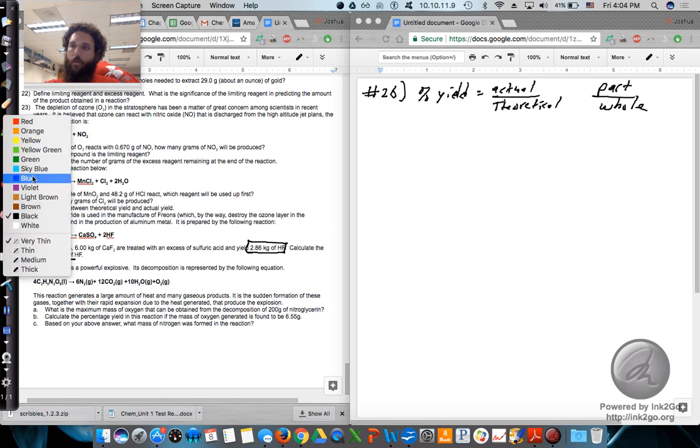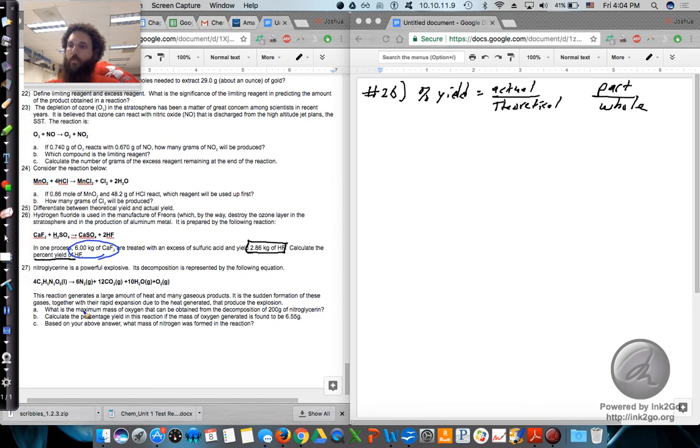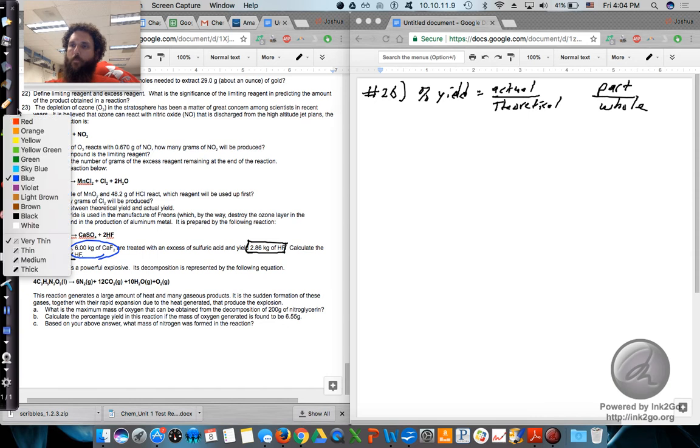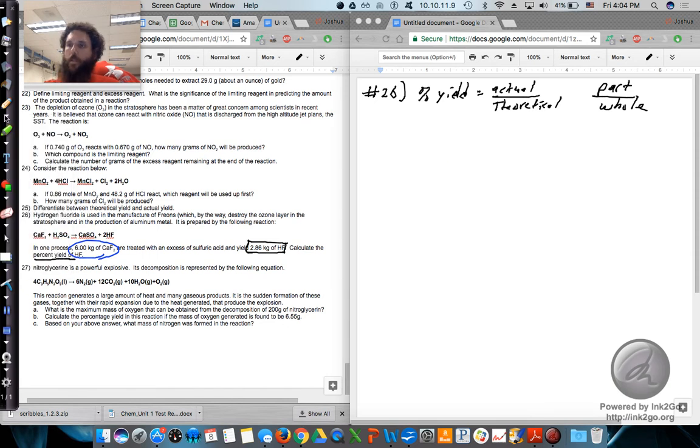So here is my initial stuff. We're going to go from there. It will stay in blue for a while. 6,000 grams.